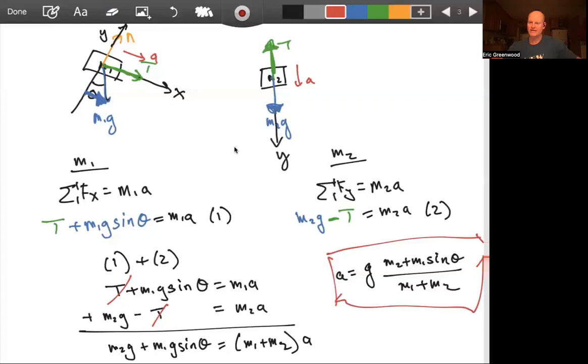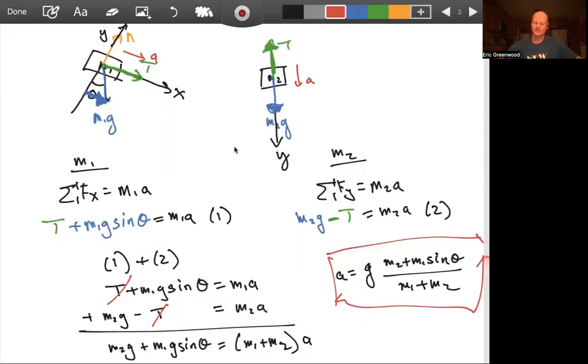The other thing is, let's make sure that it's dimensionally correct. As we talked about before, we want to make sure that our equations have the right units. The left-hand side has units of acceleration, so the right-hand side also has to have units of acceleration. g has units of acceleration, which means the quotient has to be a dimensionless quantity.